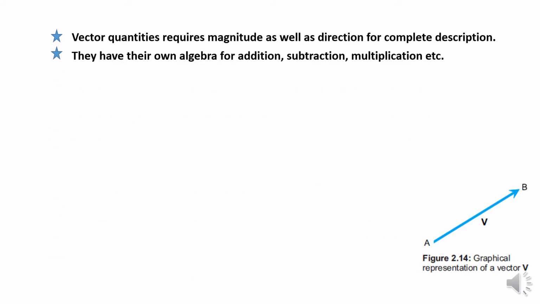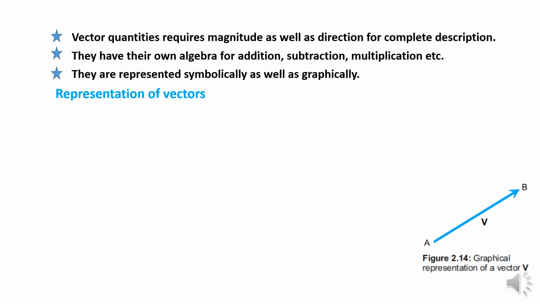They have their own algebra for addition, subtraction, multiplication. This means that we cannot add or subtract or multiply vectors just like scalars or other numbers. They are represented symbolically as well as graphically.